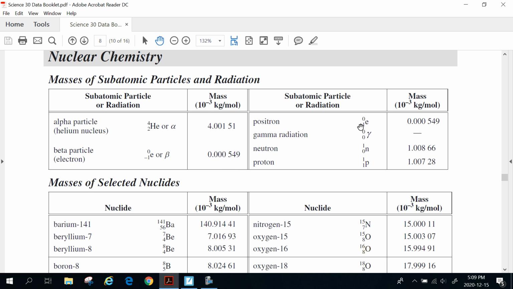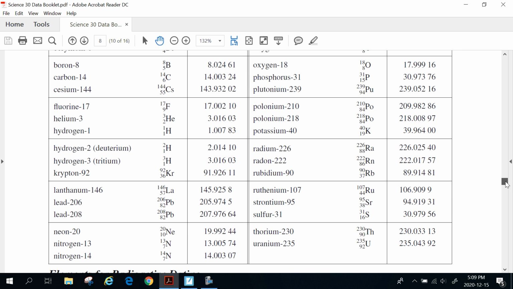Also on the right-hand side, we have the positron. Gamma radiation, no mass, again with that. Mass of the neutron, the proton, and then a selection of different radioactive elements. The ones that I'm going to be referring to when we do these first calculations: this one is our radium, the isotope. Mass number at the top, again, 226. That is the protons and neutrons, and that's where the name radium-226 comes from.